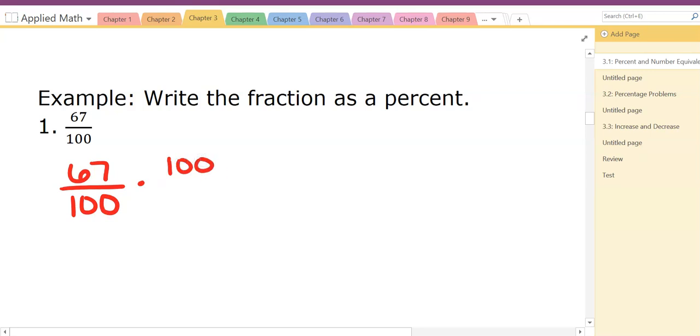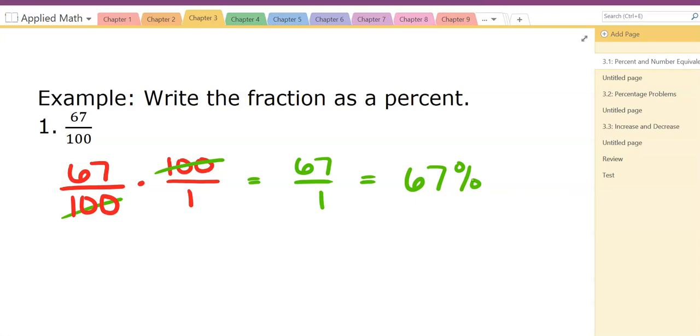Now you can write 100 as 100 over 1. What's going to happen if you actually do this? If you multiply like this, something's going to happen right away. The hundreds are going to cancel and you're going to be left with 67 over 1, which is the same thing as just 67. So if it's written out of 100, that top number is your percentage.